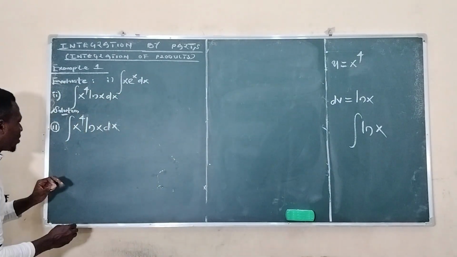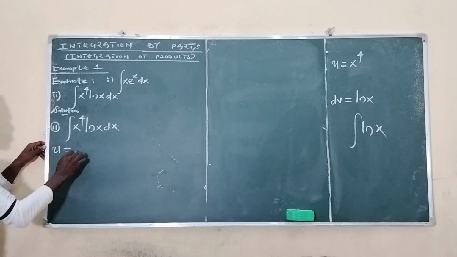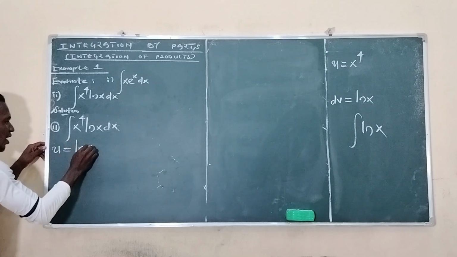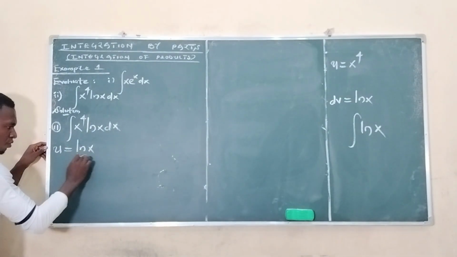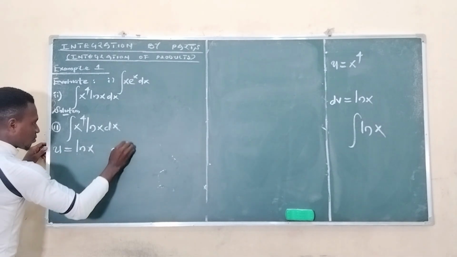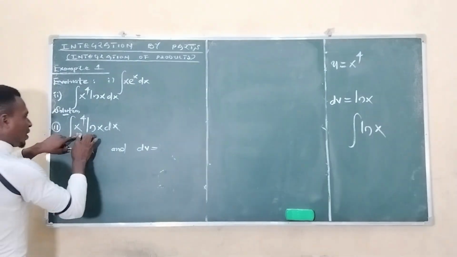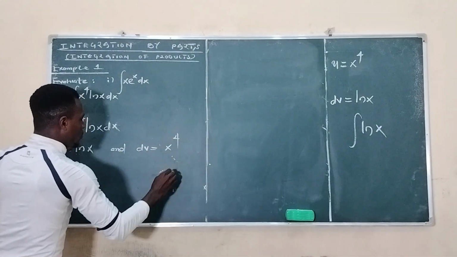So our choice of u is based on the fact that we cannot integrate the natural logarithm of x. We cannot integrate this log function. And v is equal to the second factor, which is x raised to the power of 4.